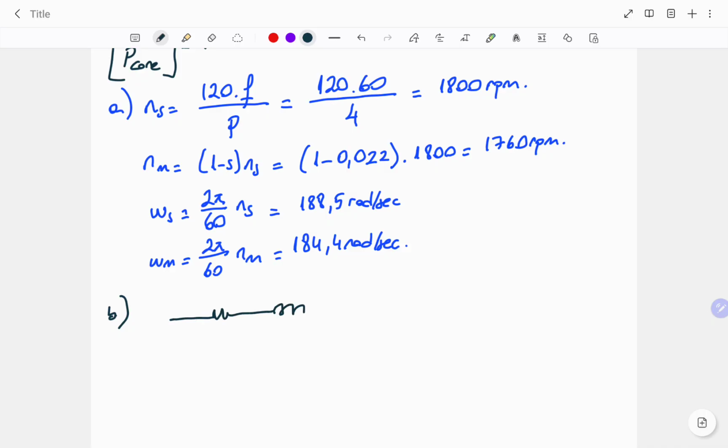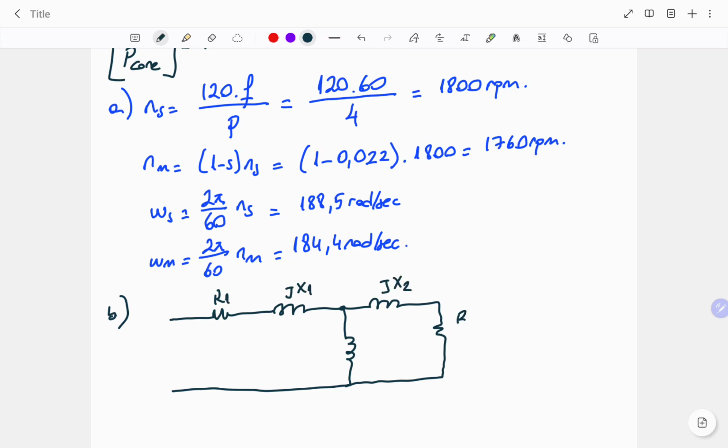For this case, if we use the simplified equivalent circuit, our circuit will look like this figure, and we have R1, X1, X2, R2 over S, and the XM.